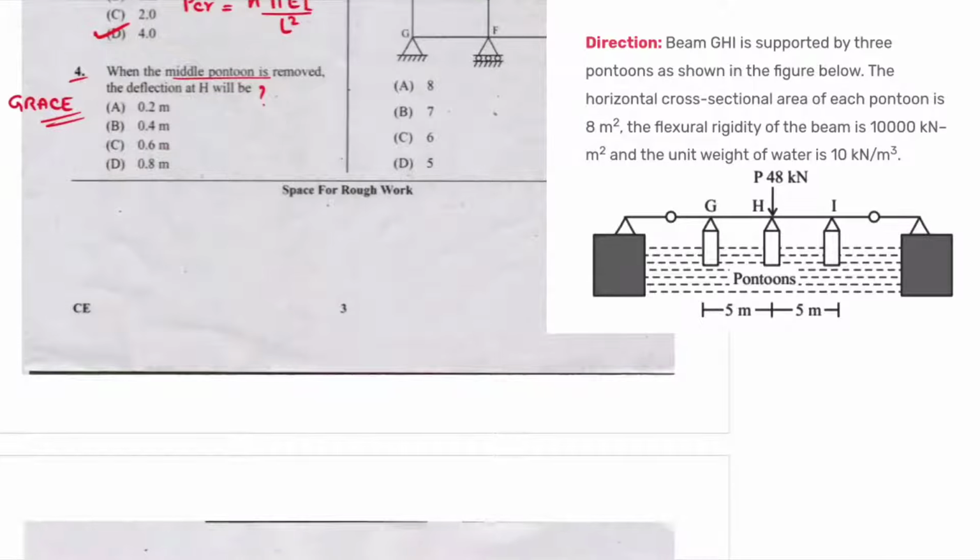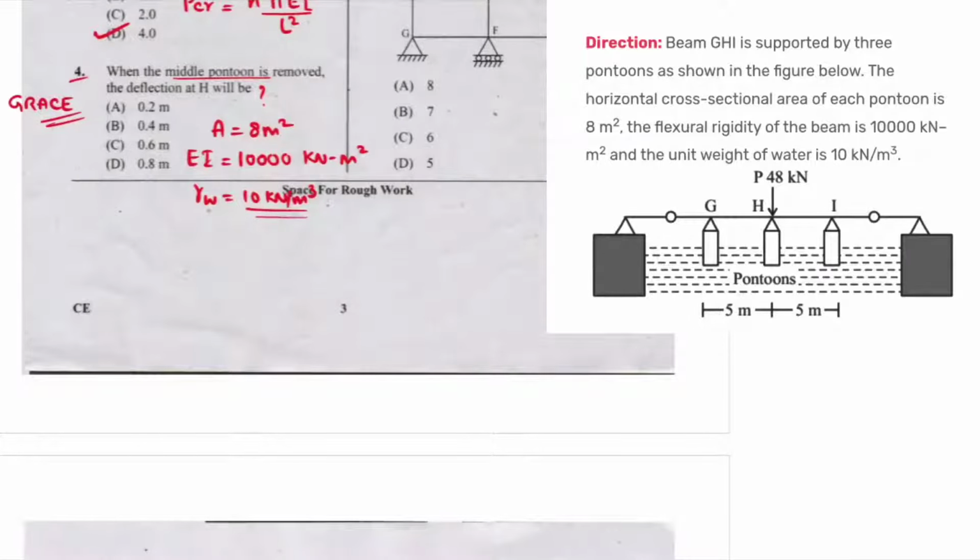Here they have mentioned the sectional area of each pontoon is given as 8 meter square and flexural rigidity of beam is 10,000 kilonewton meter square, and the unit weight of water is 10 kilonewton per meter cube.